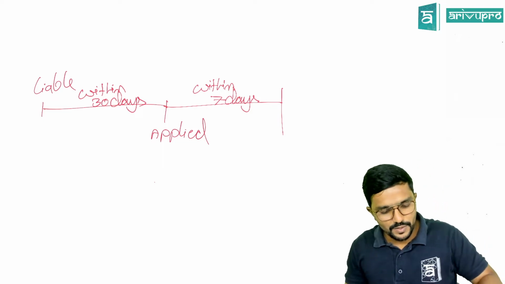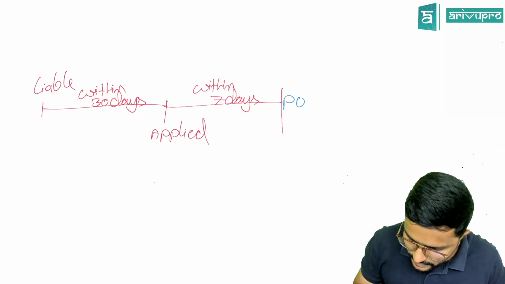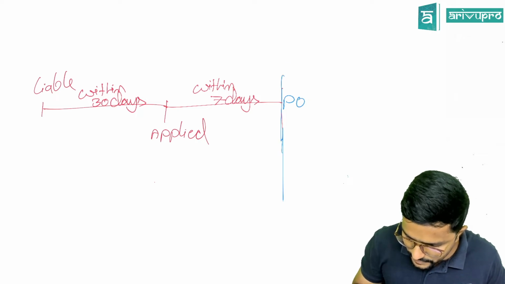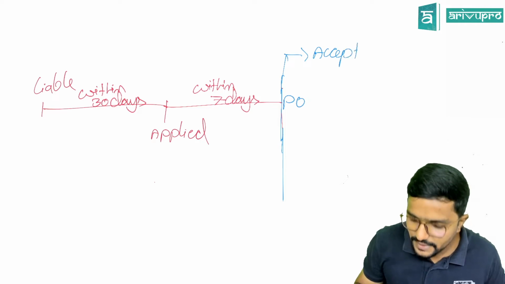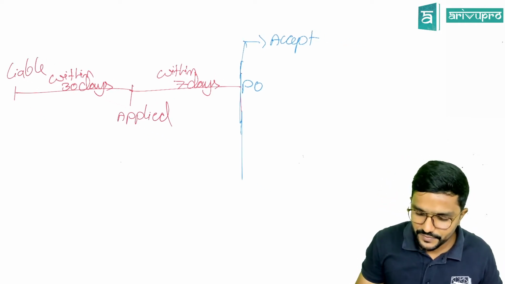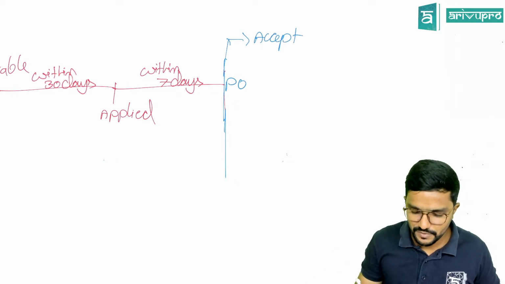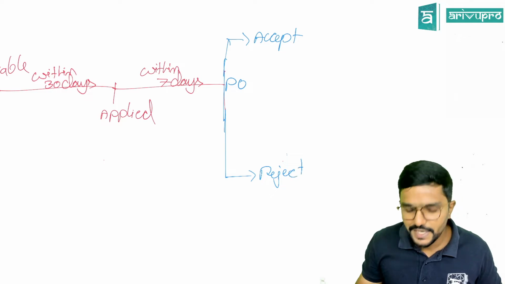the proper officer will have two options. He can accept it. If he is accepting, then he will issue me the registration certificate. That is, he will grant me the registration. If he is rejecting, before rejecting, he cannot straight away reject it.